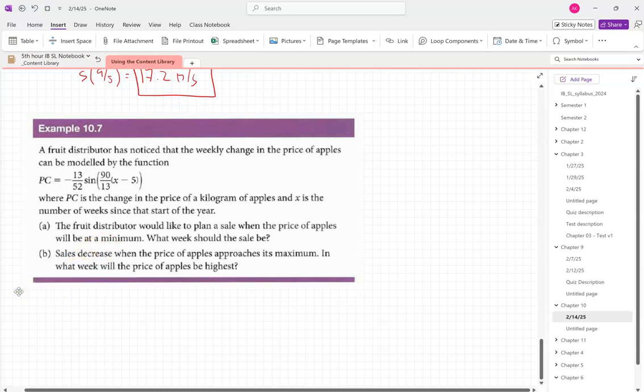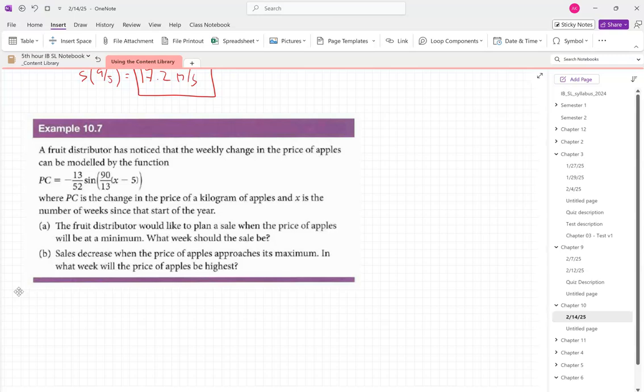Now here it says a fruit distributor has noticed that the weekly change in the price of apples can be modeled by the function P of x equals negative 13 over 52 sine of 90 over 13 times the quantity x minus 5, where P is the price of a kilogram of apples and x is the number of weeks since the start of the year.